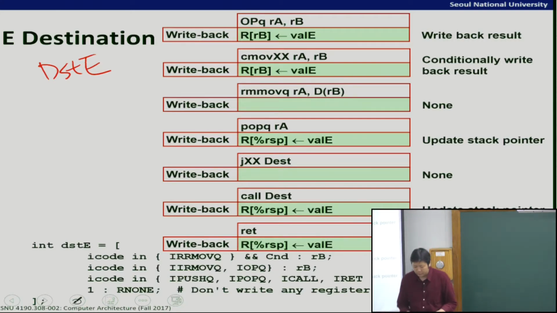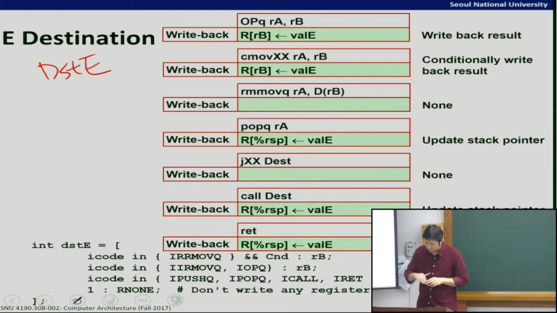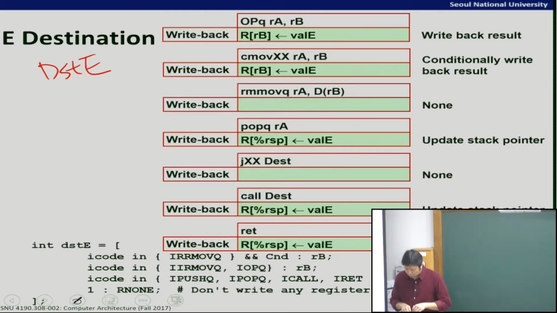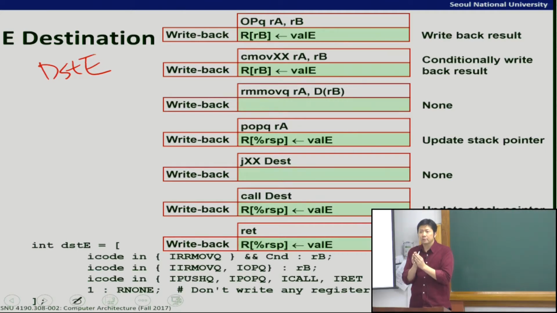Those include OPQ instructions, like add Q and sub Q, where you write back the value to the register file. A move instruction also writes the value to the register. Pop Q, call, and return instructions have to update the stack pointer.